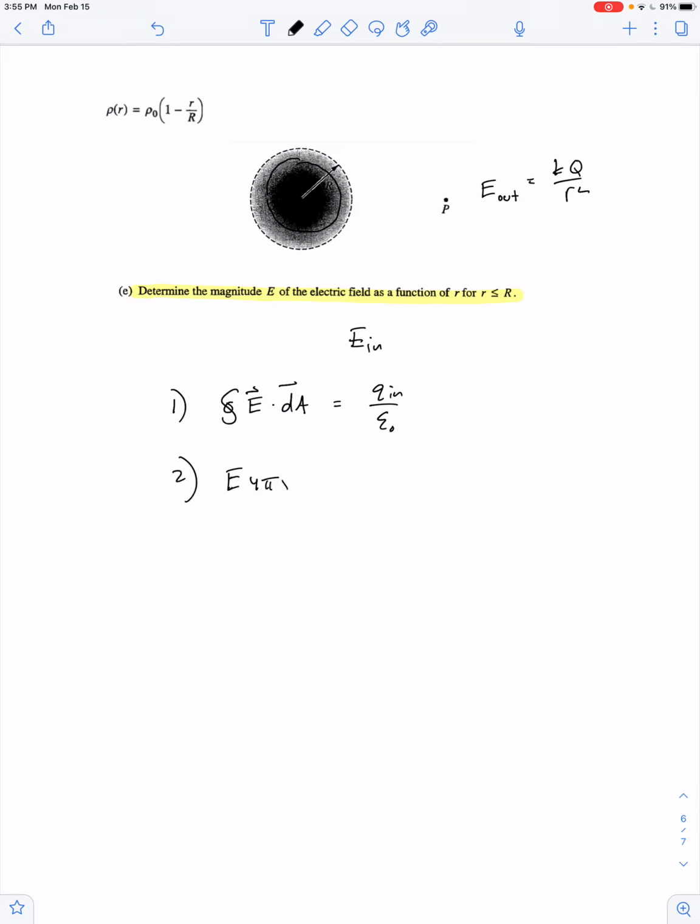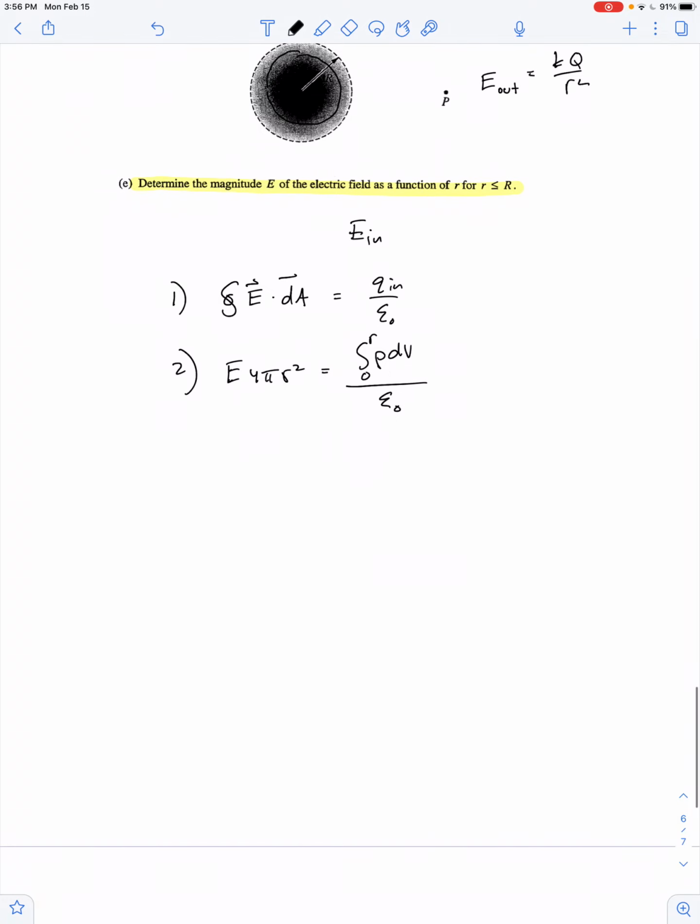E times 4 pi lowercase r squared is equal to the integral of rho dV from 0 to, what am I going to say, from 0 to lowercase r or capital R? Yeah, right, from 0 to lowercase r. E times 4 pi r squared is equal to 1 over epsilon naught times the integral.